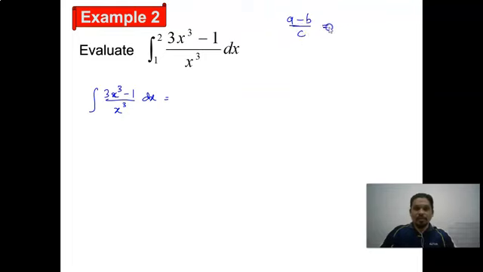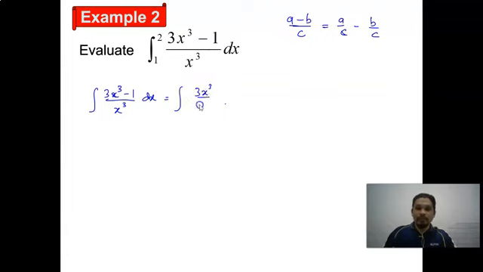We can separate into two: a divided by c minus b divided by c.